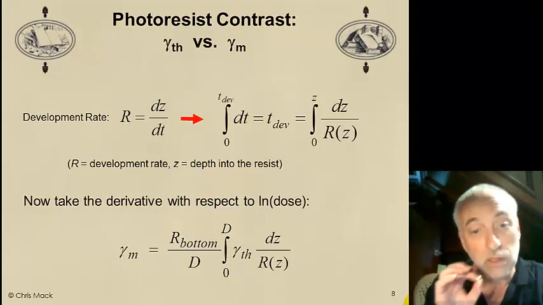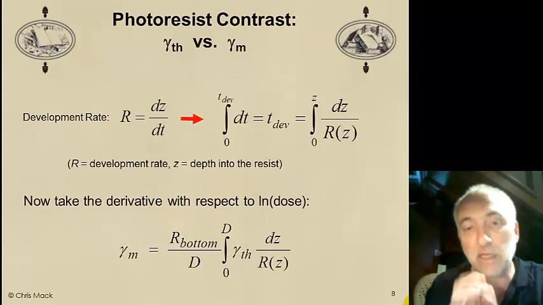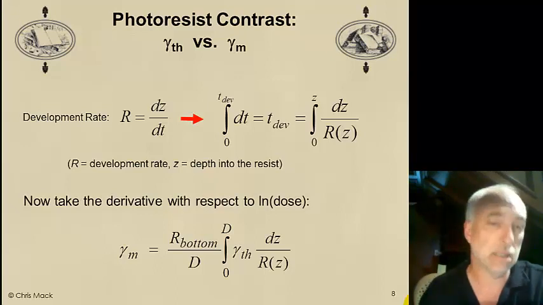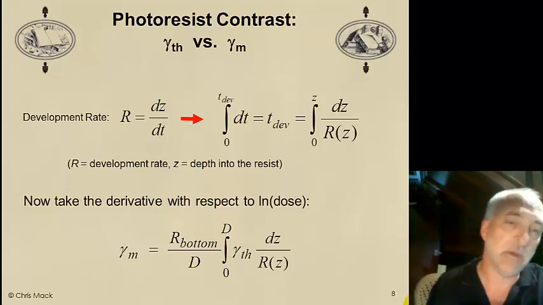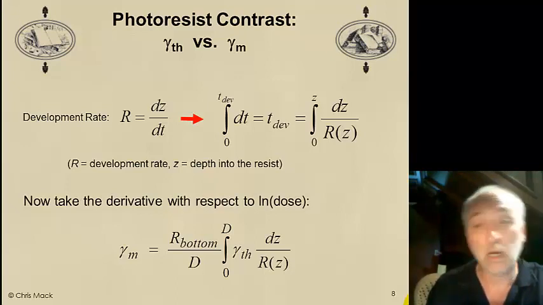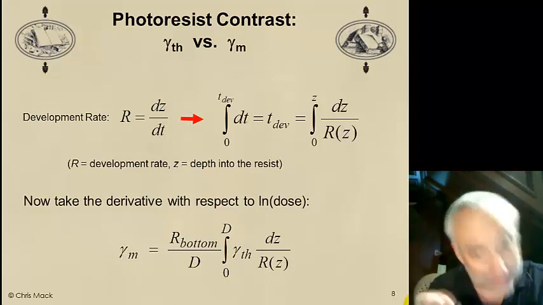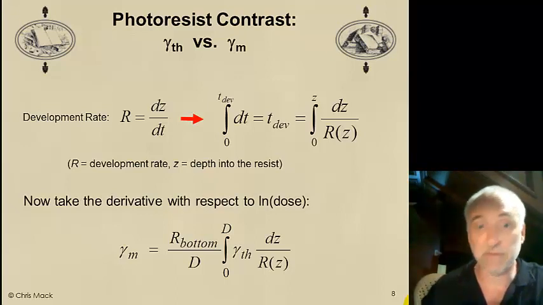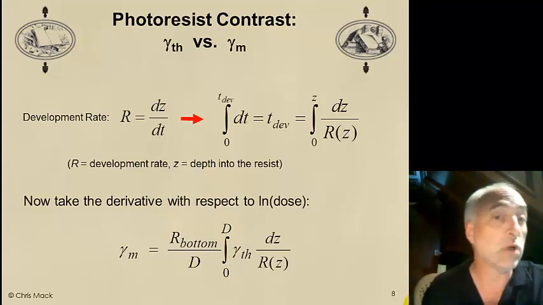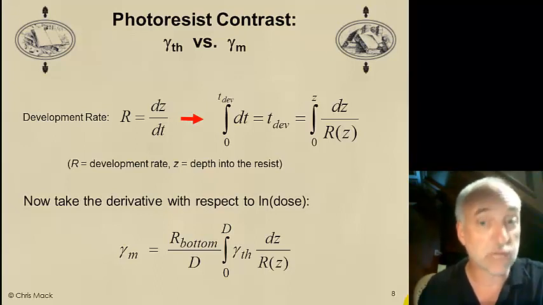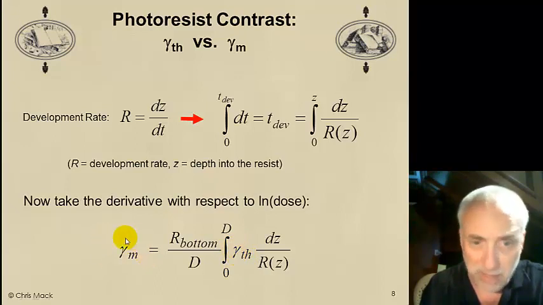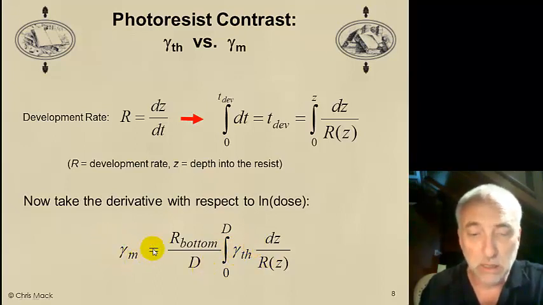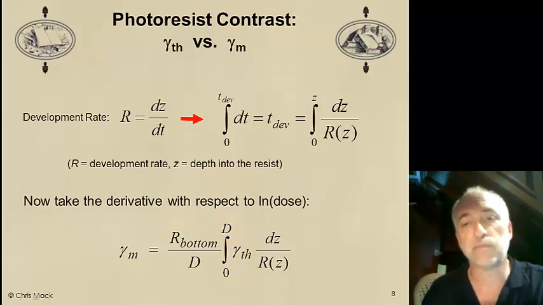In other words, the assumption made in the conventional measurement technique is that development rate is not changing from the top to the bottom of the resist. It also means that anything that does change the development rate from the top to the bottom of the resist will cause an error in the measurement of the contrast. If what I really want to measure is the theoretical contrast, my measured contrast will only be the same as the theoretical contrast under these very strict conditions.